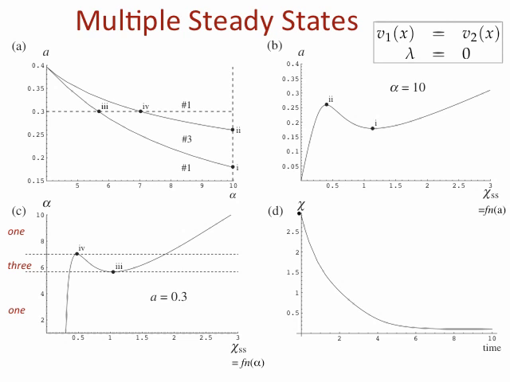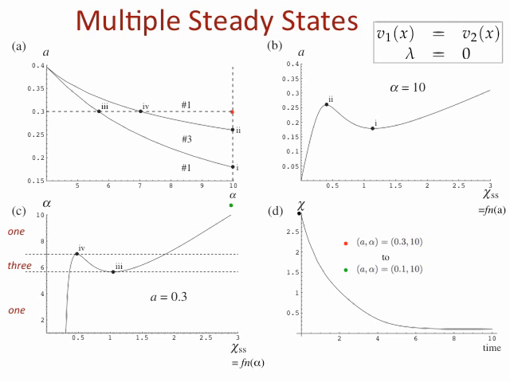So if I'm above that first dashed line, I have 1 steady state. If I'm below the second horizontal dashed line, I have 1 steady state. But if I am in between, I can have 3 steady states.